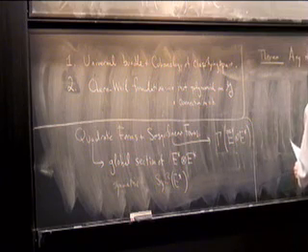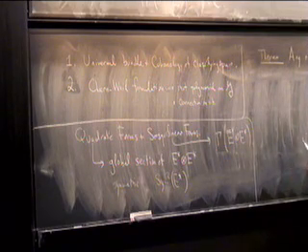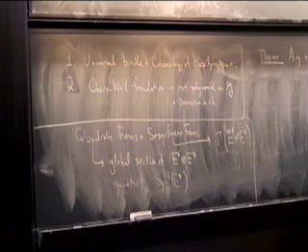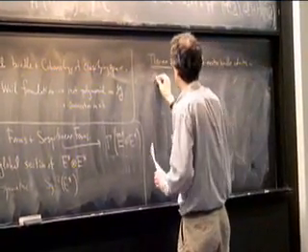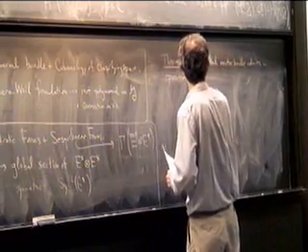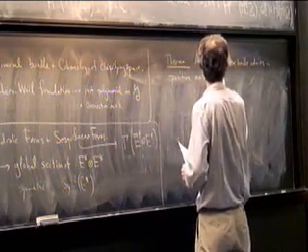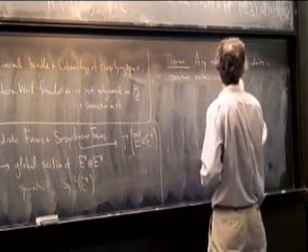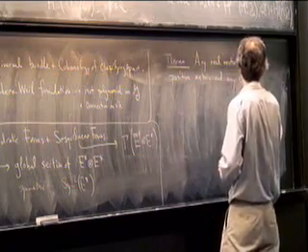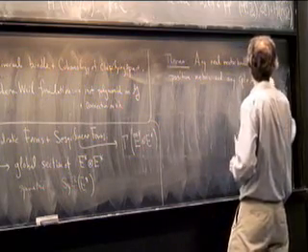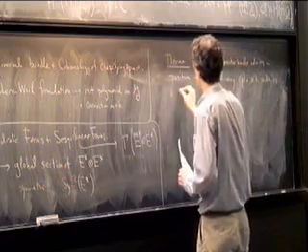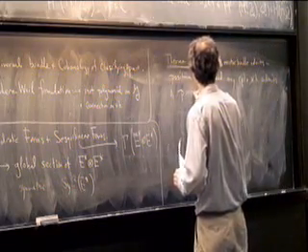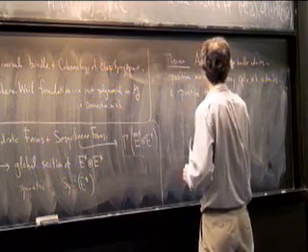Any real vector bundle admits a positive metric and any complex vector bundle admits a positive Hermitian form.